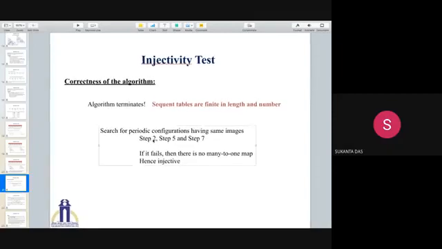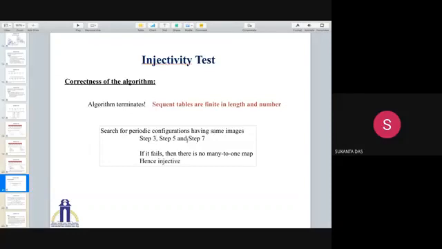It will be step 3, not step 2. Step 3, step 5 and step 7. By these steps, I have given examples in step 3 as well as step 7 of how I can get the same image.